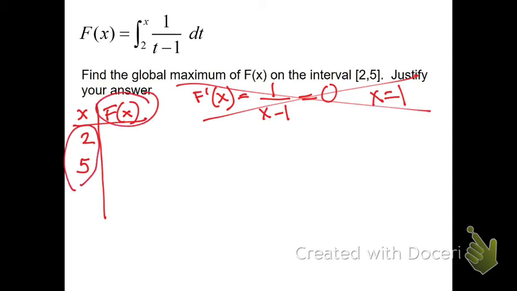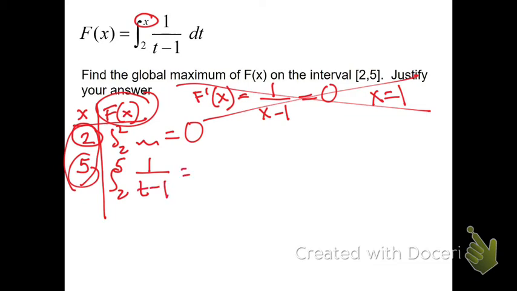Well, f of x is defined to be an integral. So we're going to plug in that x right here. So this would be the integral from 2 to 2 of I don't even care, because when those numbers are the same, that's a 0. Okay? Now we're going to plug in the 5. That's the integral from 2 to 5 of this. Now, sometimes that's a calculator problem and you have to hit math 9. But we can integrate this. You may have forgotten what it is, but we need to get back on track.